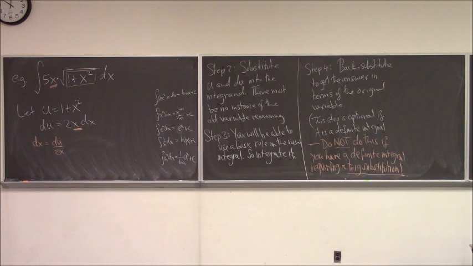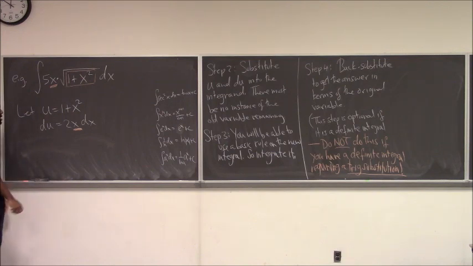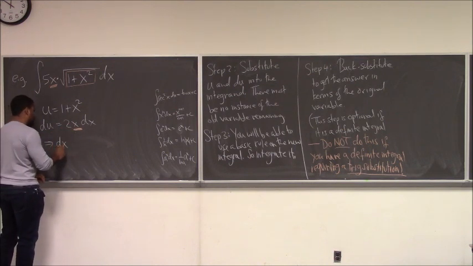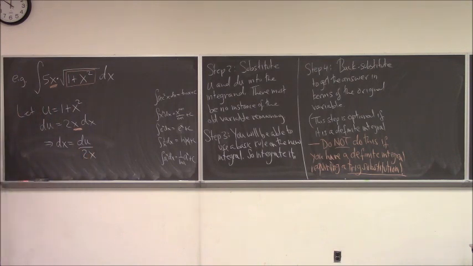Sometimes people might do something different, but let's just do it this way to keep something concrete here. Once you do this expression, you're going to solve for the dx. I'll talk about other ways to look at things later. Right now, let's just keep it simple.